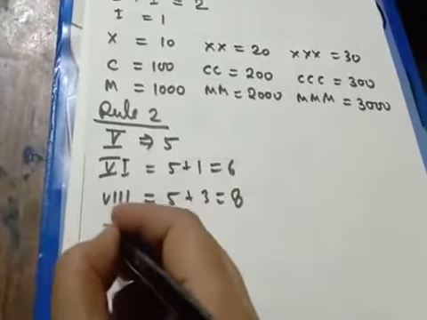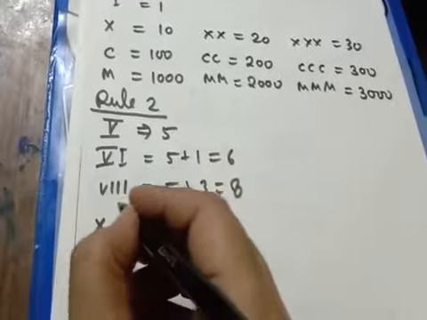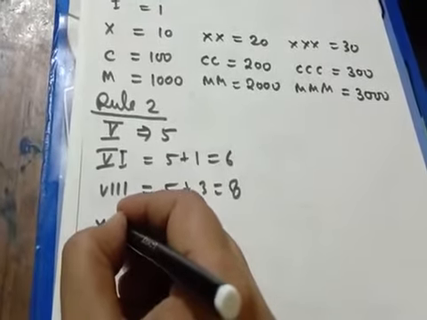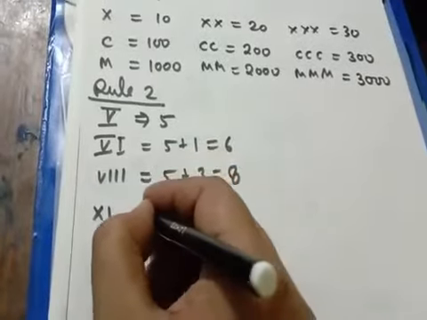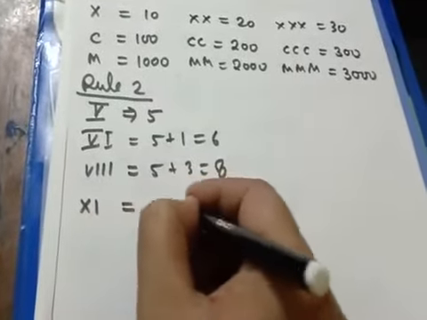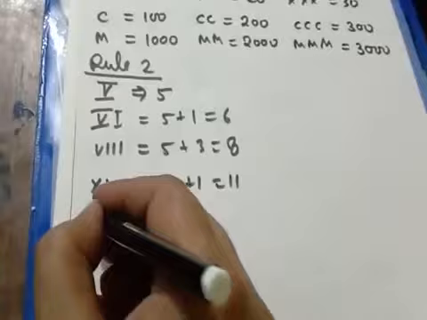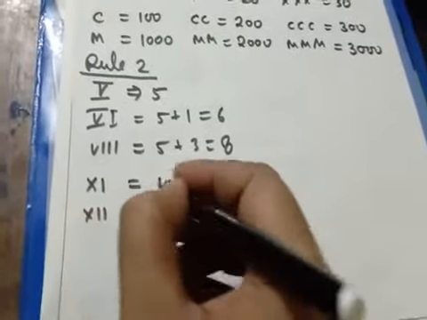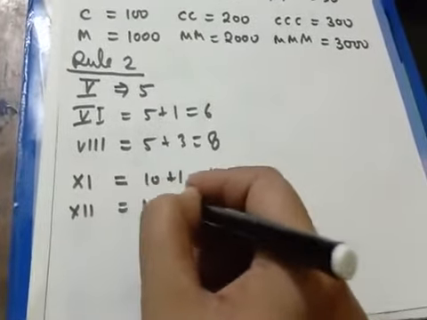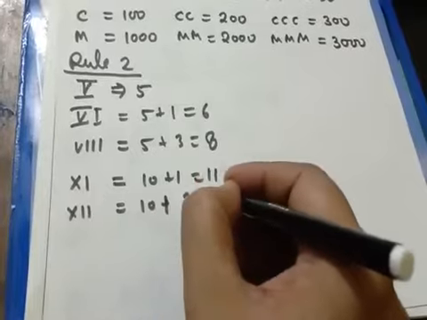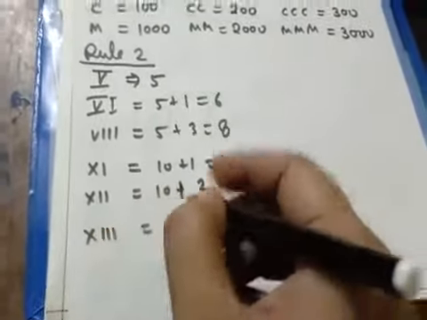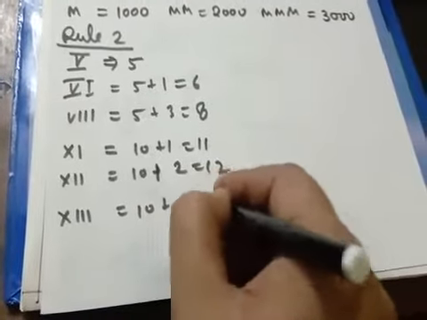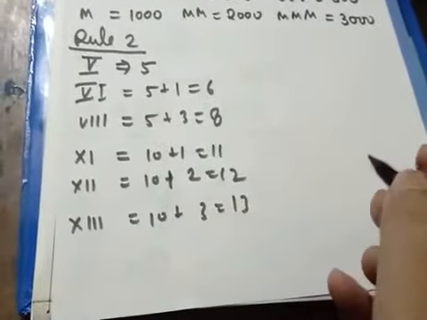Similarly, X is a symbol. If we write the smaller symbol on the right-hand side, it is added. 10 plus 1 is equal to 11, 10 plus 2 is equal to 12, 10 plus 3 is equal to 13.